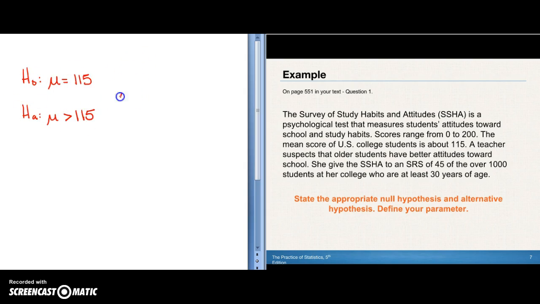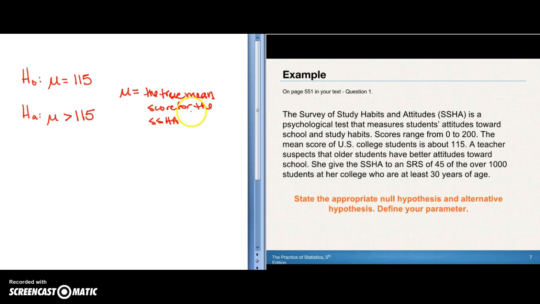Now the last thing it says is just define what again is mu stating, and that comes directly out of the question. Again, mu is, just like we were stating earlier, the true mean score for the SSHA test for all students at least 30 years of age at her college.